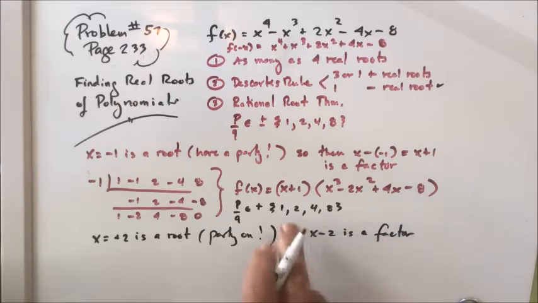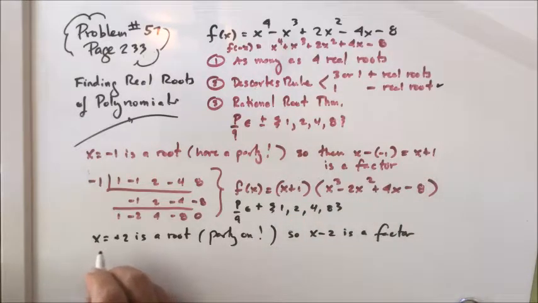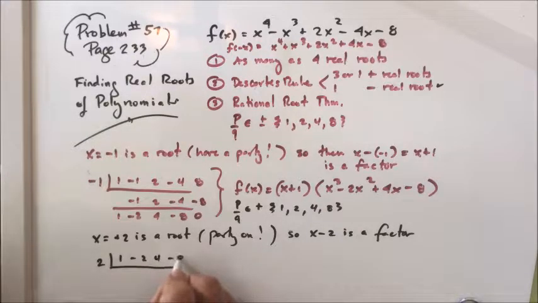That takes us right back to synthetic division, trying to get x minus 2 out of this. Let's go ahead and do that. So I'm going to put 2 here. I'm going to go 1, minus 2, 4, minus 8. This is going to work because x minus 2 is a factor. 0, 0, 4, 8.